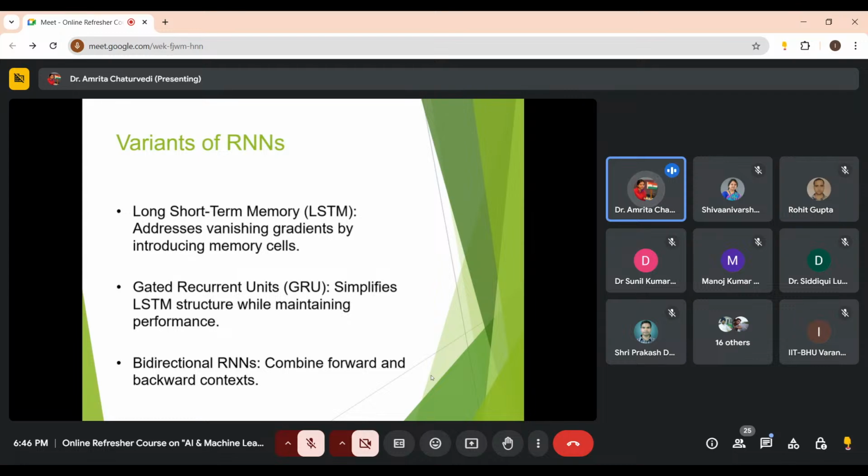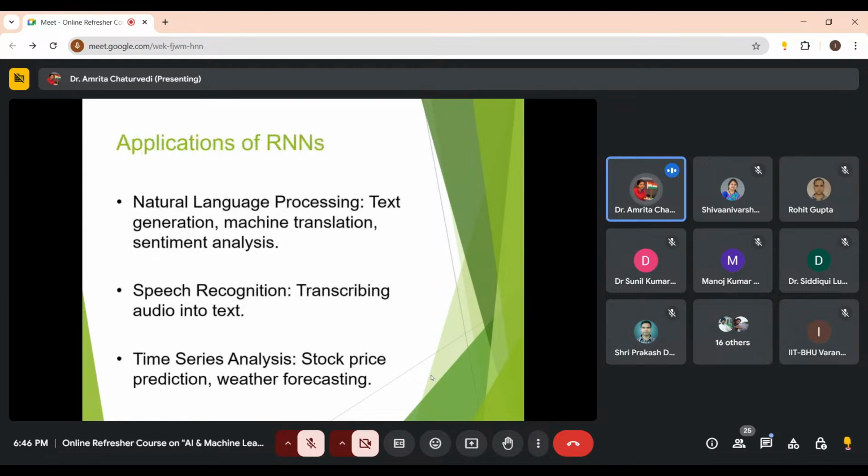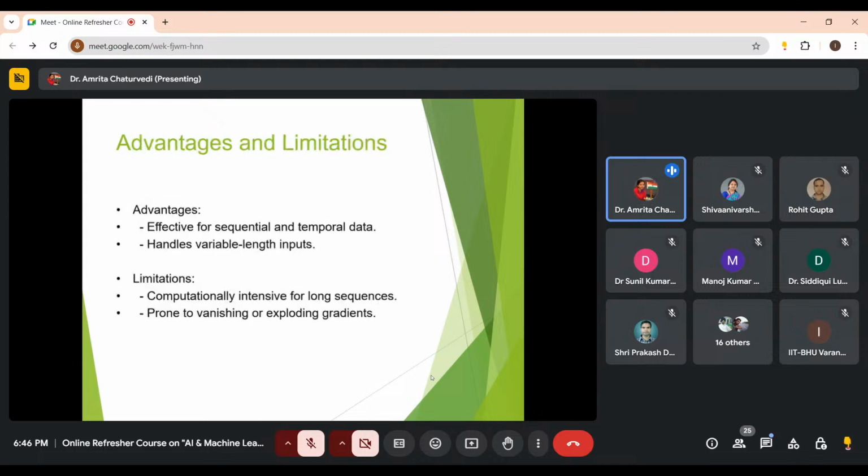Bidirectional RNNs combine forward and backward context, and they find applications in multiple domains like NLP, speech recognition, time series analysis, and so on. They have multiple advantages: they are effective for sequential and temporal data, and they handle variable length input.